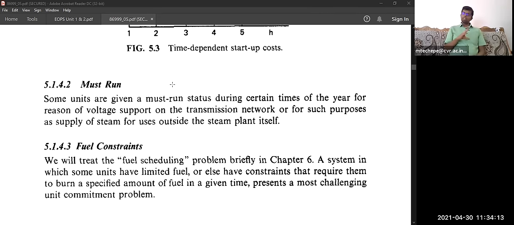So they will go for a minimum of 500 megawatt to a maximum of 1,500, like that. They will not go for 100 or 200 megawatt.